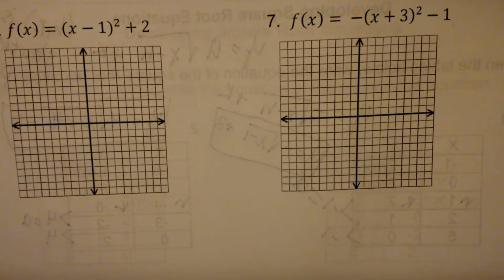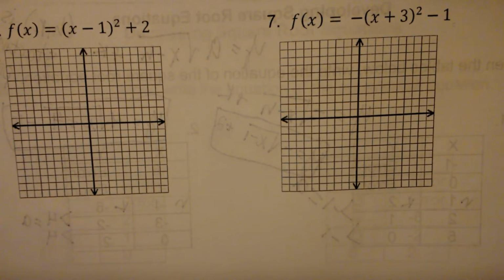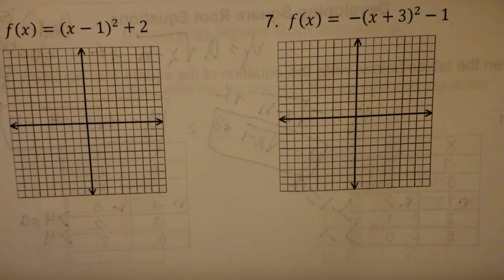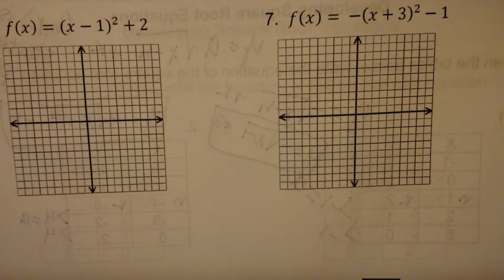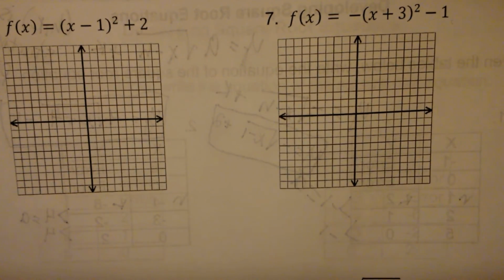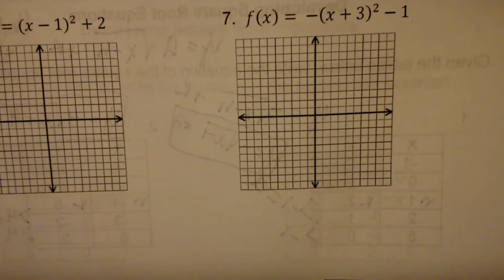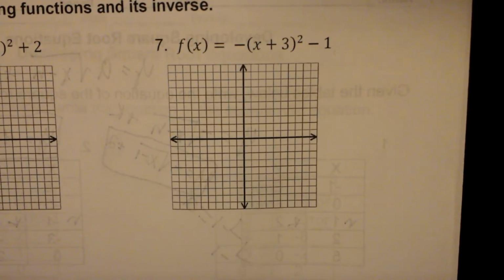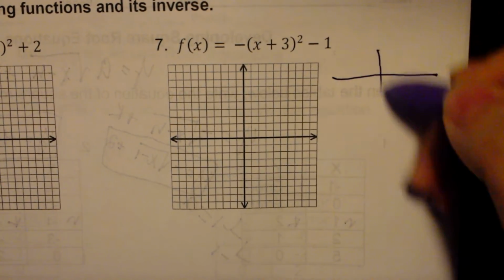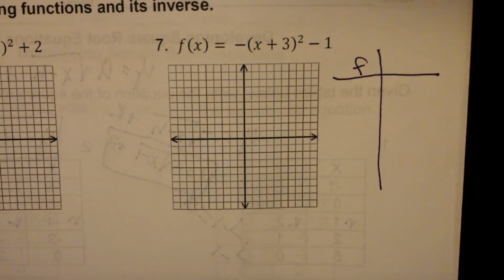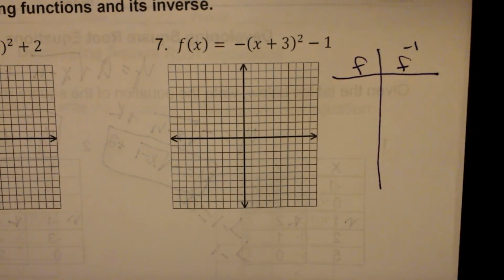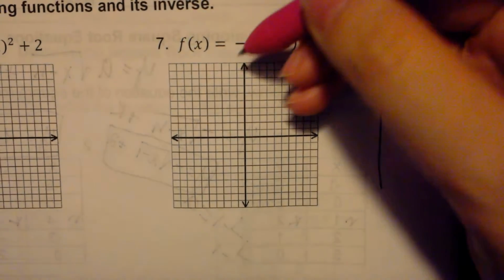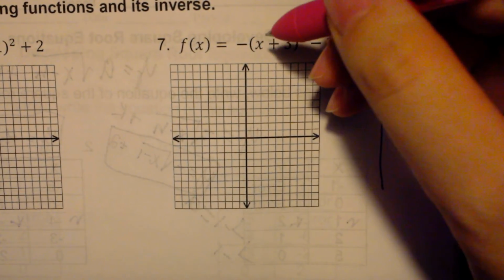So on the back, number 7, it says graph the following functions and its inverse. I'm going to find the inverse of number 7, but I'm not going to graph it. So I'm going to make a table. So I have f and f inverse. Looking at f, I'm going to start with x.